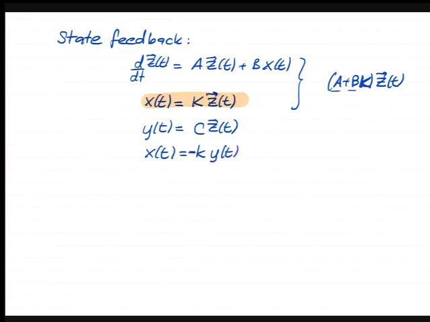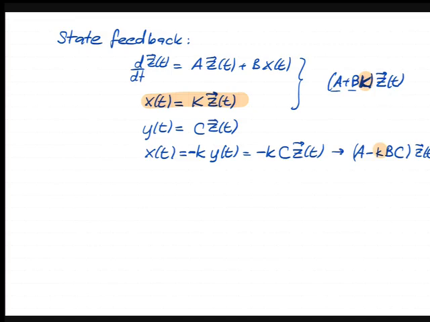So, in fact, we use negative feedback, right? So then this becomes negative k times c times z of t. So our closed-loop system is now A minus b k c times z of t. Okay, that's the difference, okay? So here K is a whole row vector, whereas here it's just one number.